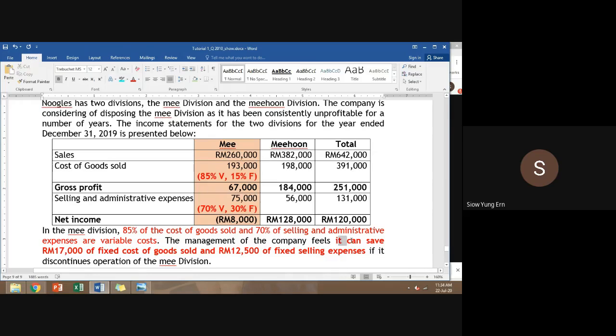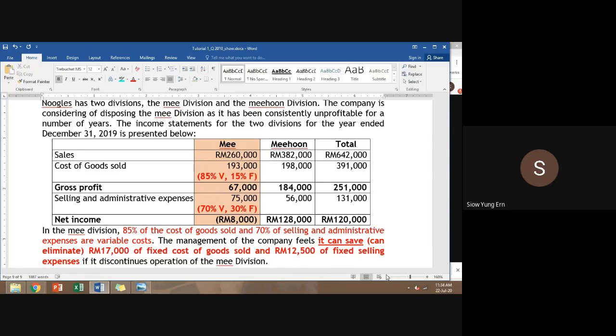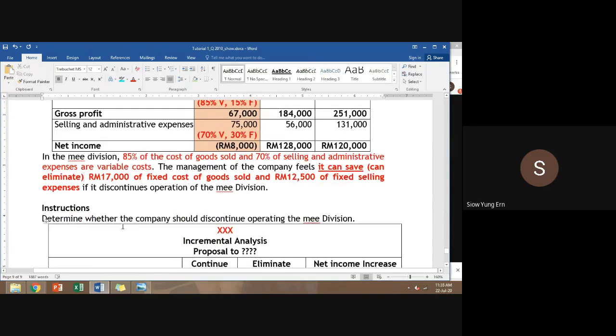This word, it can save, means you can eliminate. You can reduce it. So they ask you to determine whether the company should discontinue the Mi division.